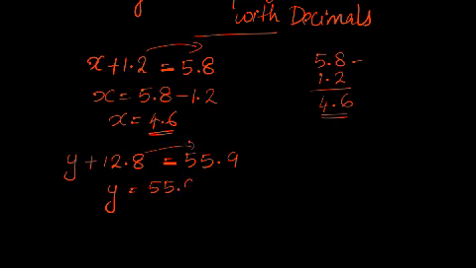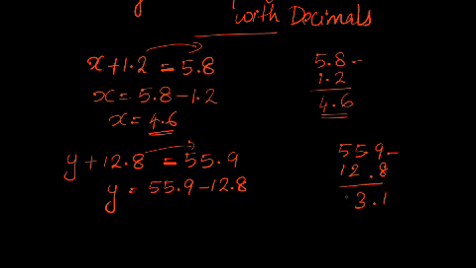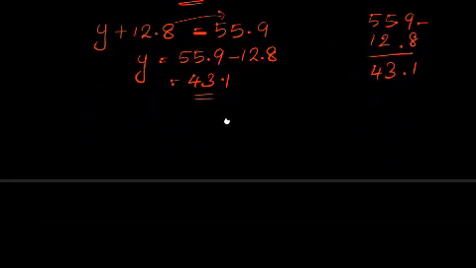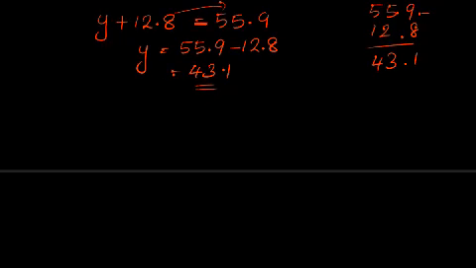So 55.9 minus 12.8. 9 minus 8, 1. 5 minus 2, 3. 5 minus 1, 4. So the answer is 43.1. In these two questions, we could see that the operation on the left hand side was addition. When it comes to the other side, it becomes subtraction.